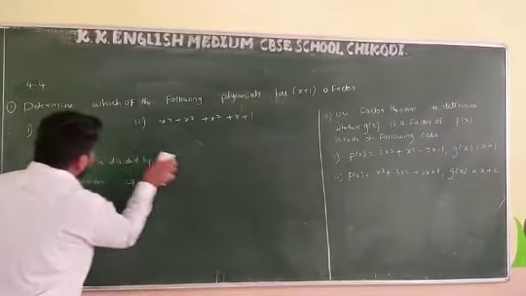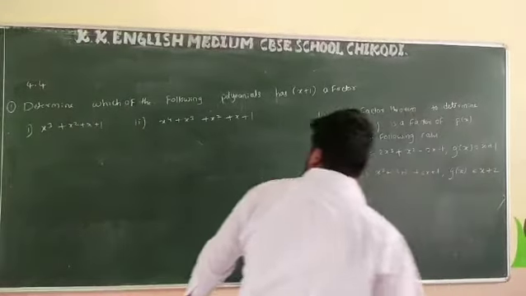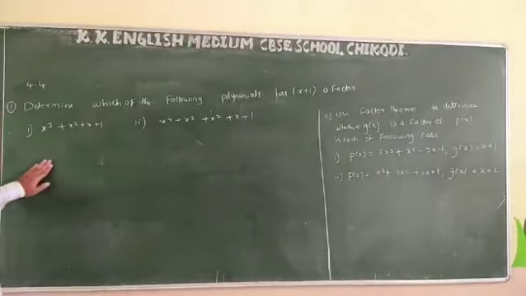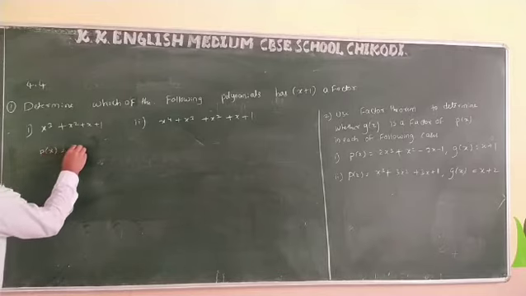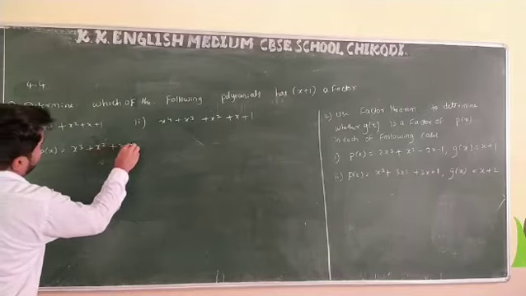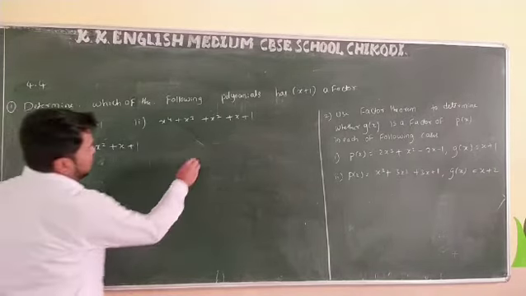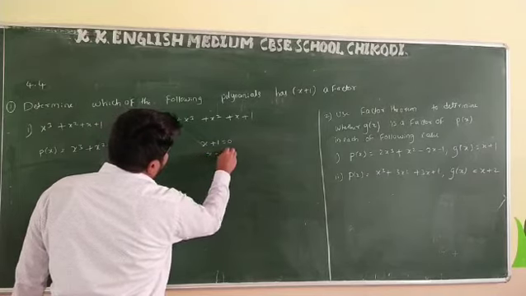Now we will solve exercise 4.4: determine whether x + 1 is a factor of x³ + x² + x + 1, that is p(x) = x³ + x² + x + 1. So x + 1 = 0, that is x = -1.